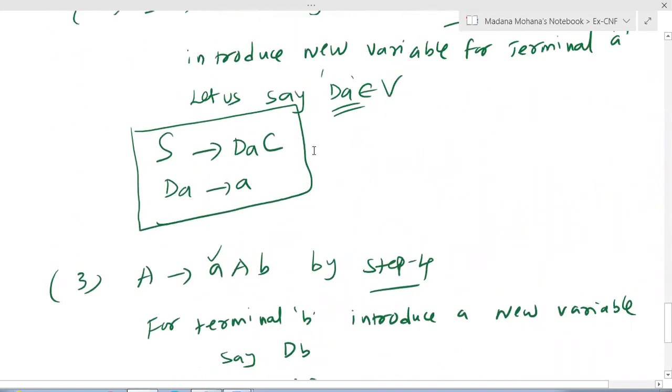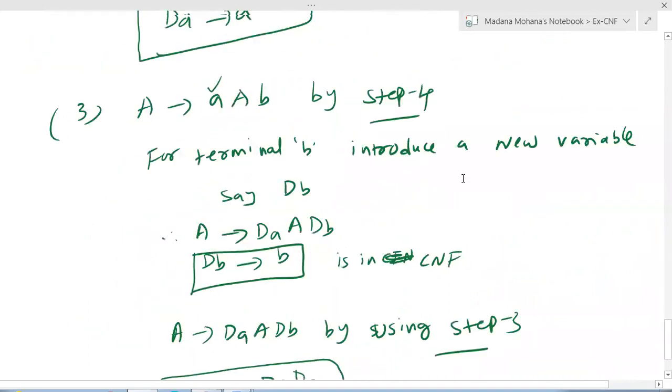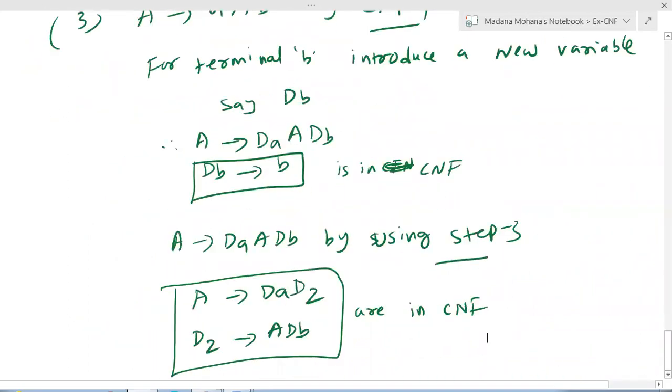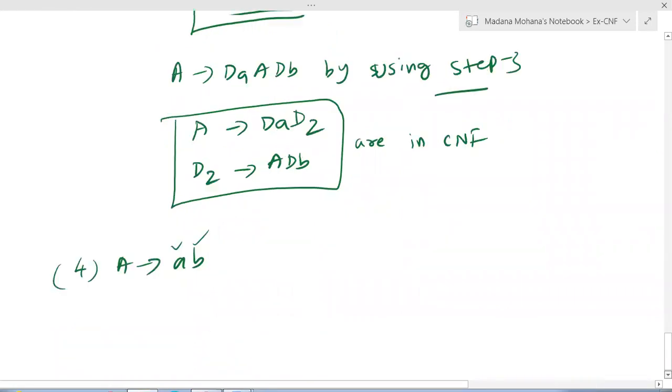Now another A production is A derives terminals AB. Now let us take the fourth one. A derives terminal AB. See, for terminal A, we already introduced a new variable. For terminal B also, in the previous step, we already introduced a new variable.